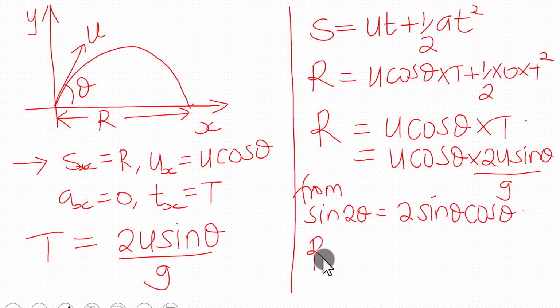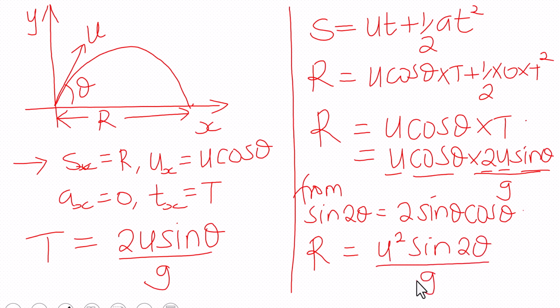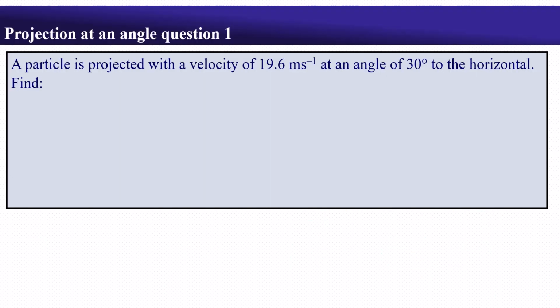We shall have our range now equal to u squared, then 2 sine theta cos theta will be sine of 2 theta, then we divide this by g, and that's all. So this equation here will always be used to calculate the range in the x direction. I think it is very clear to you.